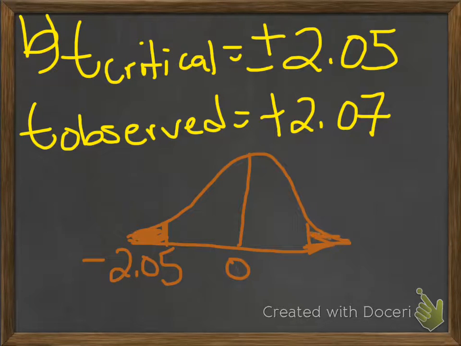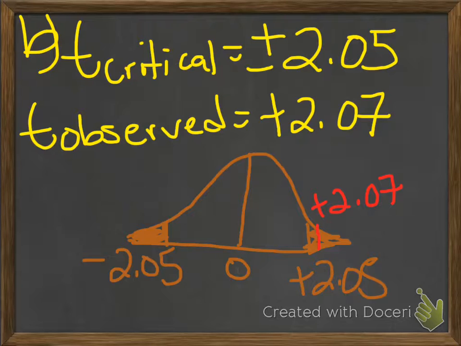This is plus 2.05. And then you go and see if your t-observed is in the critical region. So this is plus 2.07. So it seems that 2.07 is in the critical region.